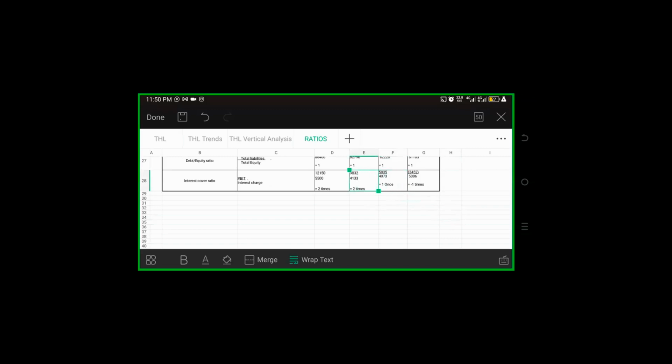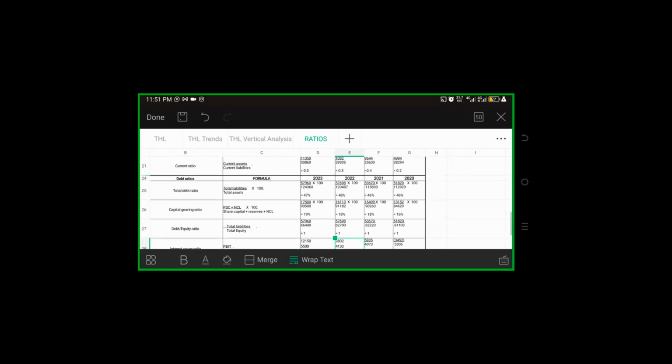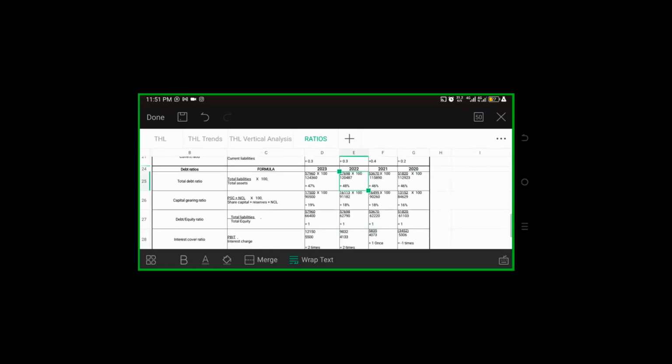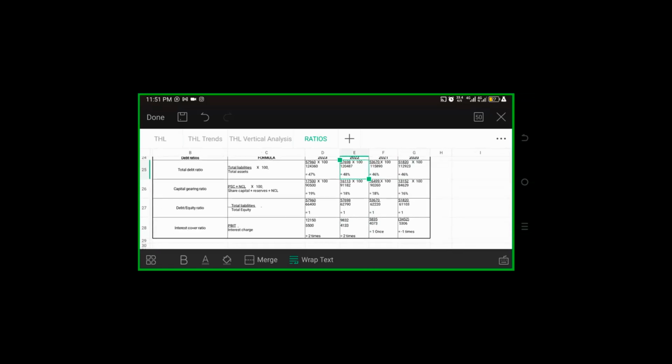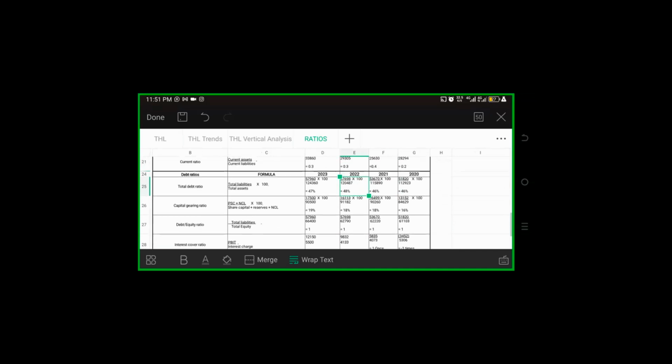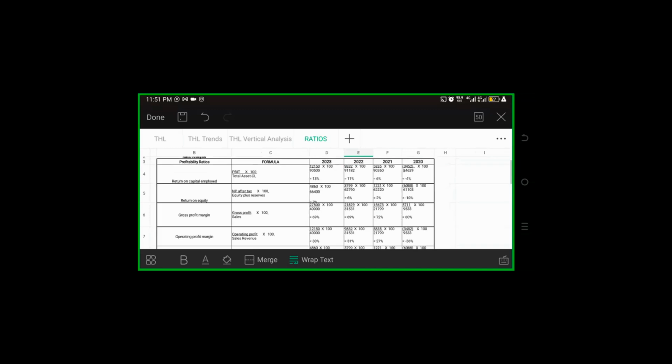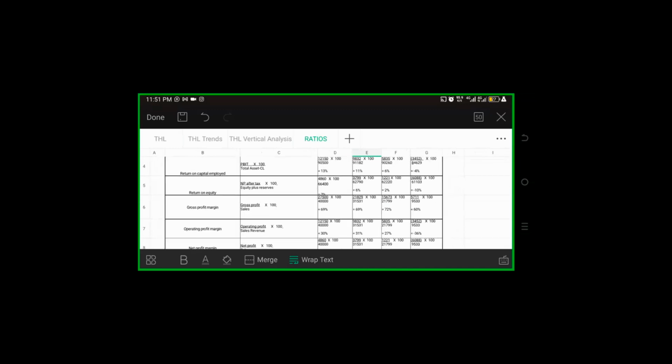In 2022, they improved to twice. So this confirms that they are moderately geared, and they may not be able to take on additional loans now, because once they do, they will not be able to pay back because of other factors that we have seen. So you can just take your time to play around with the ratios and see what you can come up with.